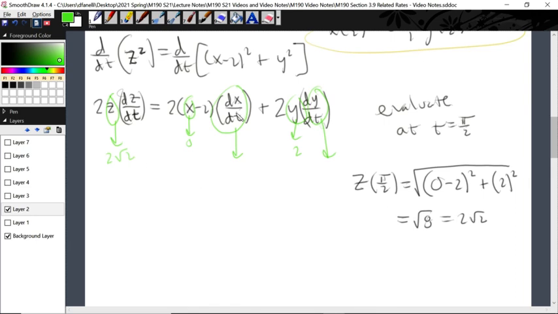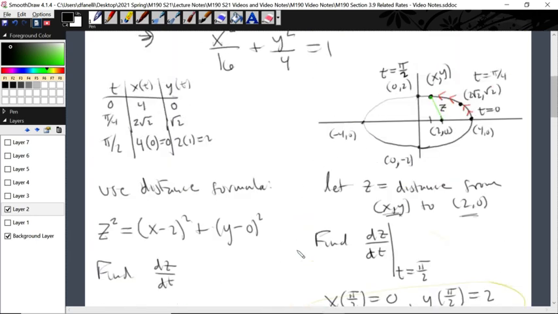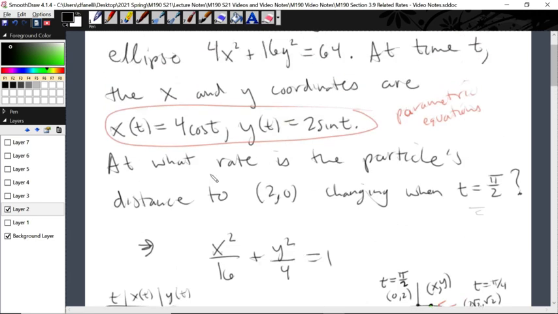What about dx dt? Evaluate dx dt at t equals pi over 2. Well, to do that, we can find dx dt and then plug in pi over 2. dx dt can be found by differentiating this parametric equation right here.